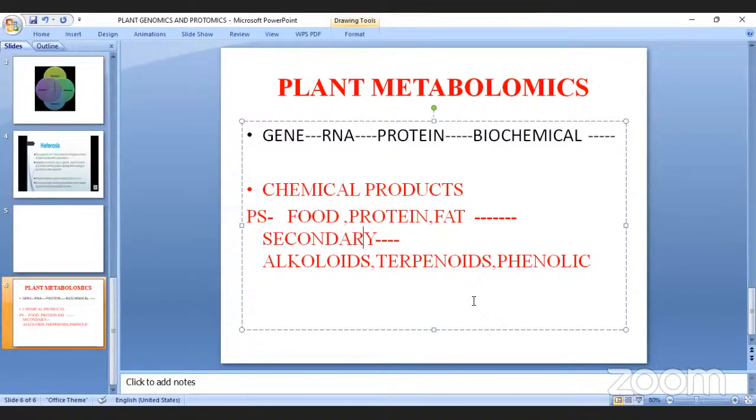Branches of intellectual property: industrial property, inventions and patents, trademarks, industrial designs, geographical indications, copyrights. First one, industrial property, invention, patent.